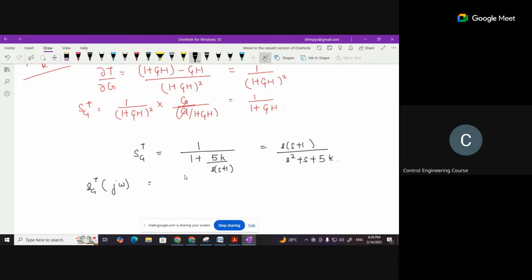You can write this as s square plus s divided by s square plus s plus 5K. If I substitute j omega here, let us see what our expression will be.